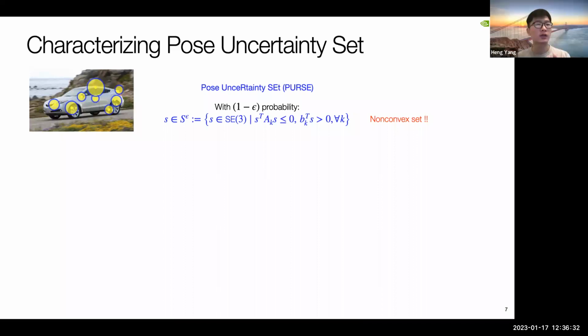Of course, you can do it on a single key point, which is how the original idea was published. This conformal key point detection idea was in a workshop paper, and in that very preliminary version we were doing it on a single key point. But then we immediately realized that if you reason about a single key point, then when you reason about k different key points, you lose the probabilistic guarantee, right?